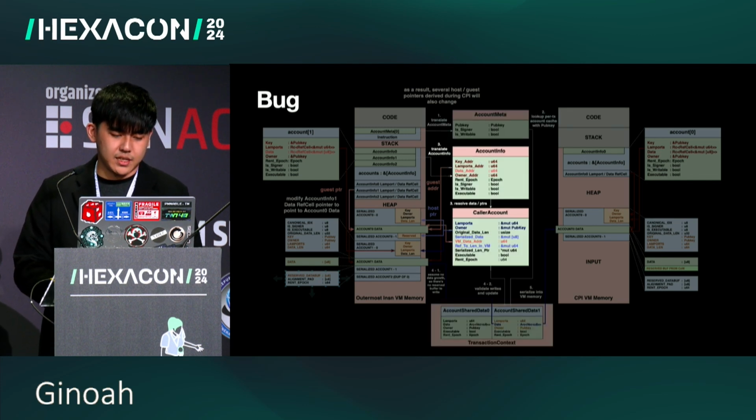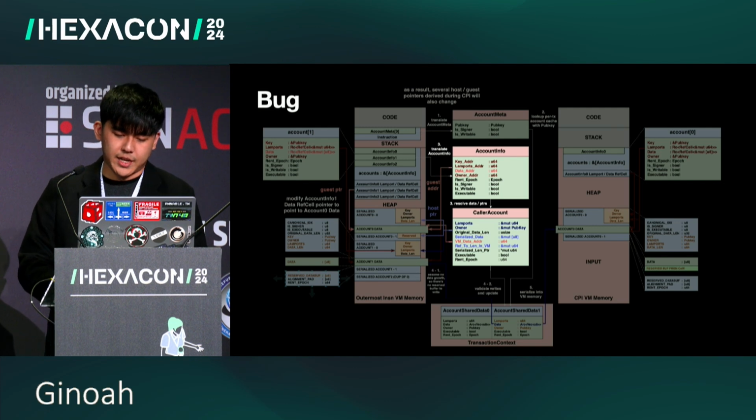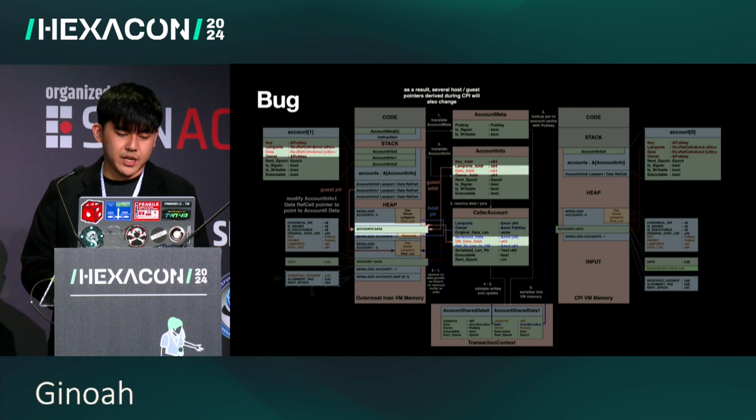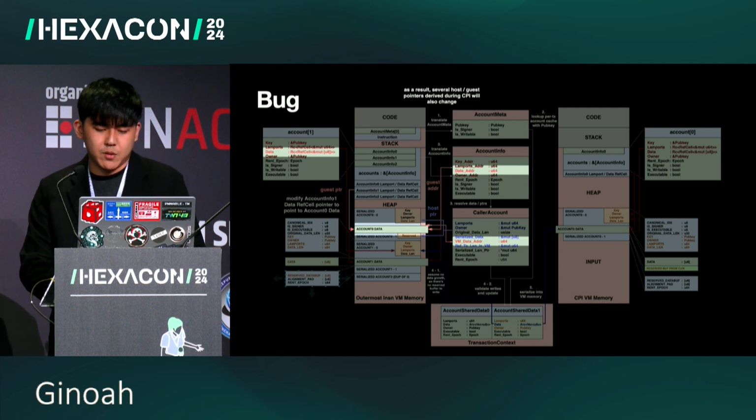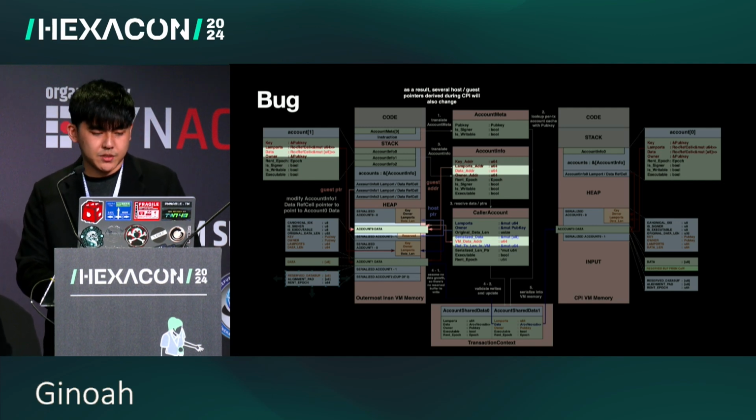Then we translate the account info of account 1 to construct a caller account. As we modified earlier, the data address of account 1 in account info now actually points to account 0's data buffer. As a result, the VM data address in the caller account will also point to account 0's data buffer.